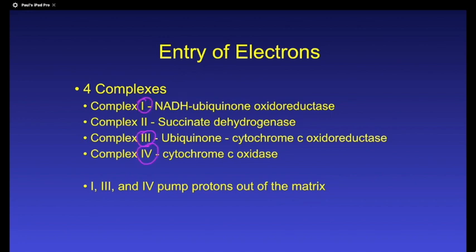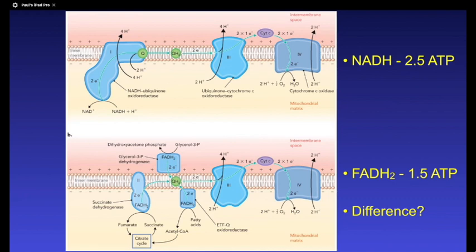Now, as we look at the flow of electrons, NADH will be able to synthesize 2.5 ATPs, while FADH2 can only synthesize 1.5 ATPs. So when you look at these pathways, you see NAD flows through certain proteins and FADH2 flows through certain proteins.